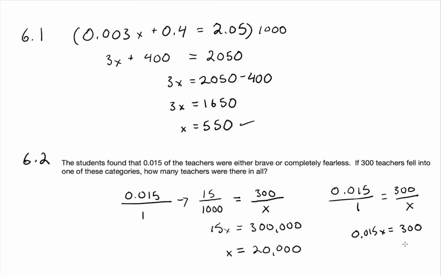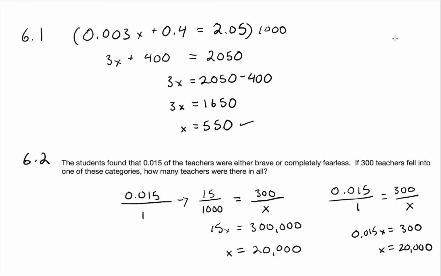You could absolutely do that. And when you divide, you would still get that x equals 20,000. Same answer. So it depends on whether or not you want to think of it like this and do the math, or you want to think of it like this and do the math. Doesn't matter. It's up to you. You're going to get the same answer regardless.